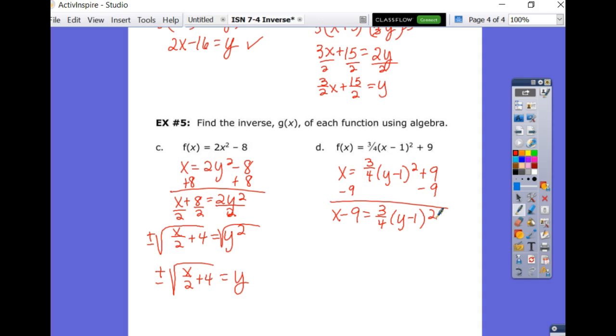And the next thing I need to do is get rid of the 4. It's divide by 4. The opposite of divide by 4 is? So if I multiply both sides by 4, these 4's cancel out.